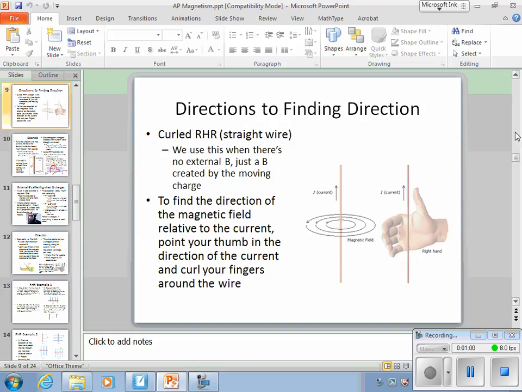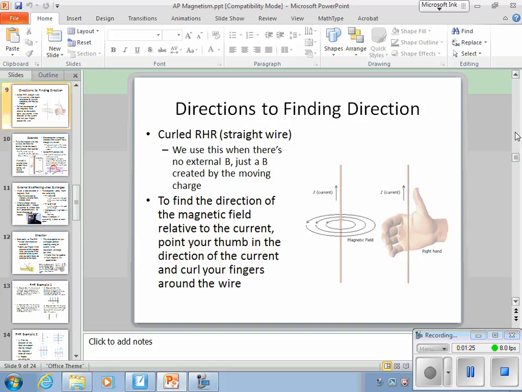I wrap my right hand around the pencil, the easy way, not the hard way. Don't break any fingers. The thumb is now pointing in which direction? Upwards, just like the current is. So your thumb is representing the direction of the current. The fingers are representing the direction of the magnetic field.